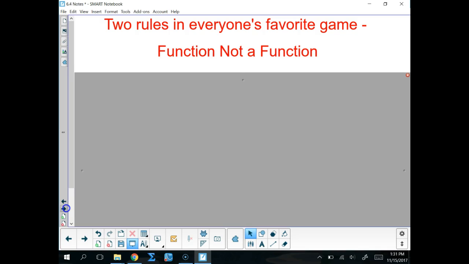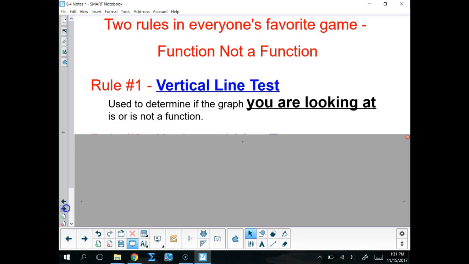It tells me that what I'm looking at is a function, right? So the first rule in our game today, function not a function, is that if I use the vertical line test, what I'm looking at is or is not a function. If it only touches my vertical line in one spot, then it is a function. If it touches in two, not a function.